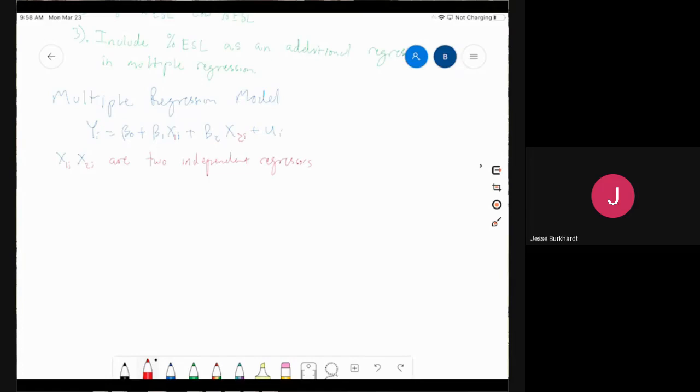X1 is the same as it was before, but now we're adding x2 as a second independent variable or independent regressor. Beta 0 is the intercept, same as before. If we set x1 and x2 equal to 0, we have the intercept, which is the average value of y when x1 and x2 equal 0.